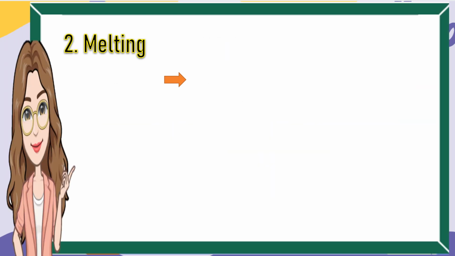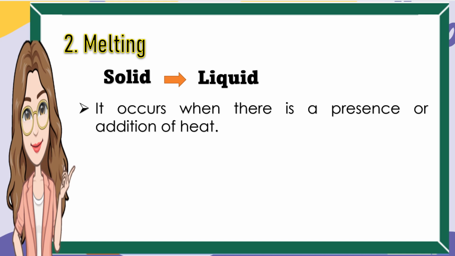When you say melting, it is turning solid to liquid. It is the complete opposite of solidification or freezing. It is the change from solid to liquid. It occurs when there is an addition of heat.